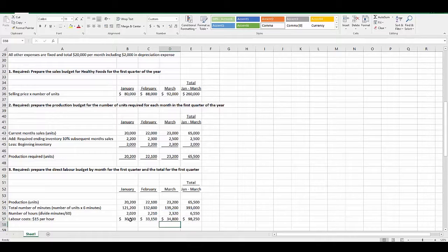So you see your labor cost for each month, and the total labor for the quarter is $98,250. So that concludes part 3 of the master budget.